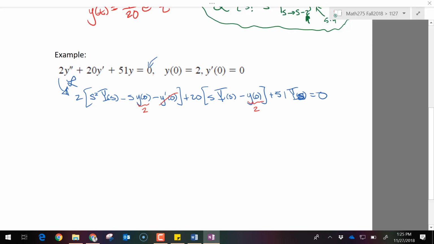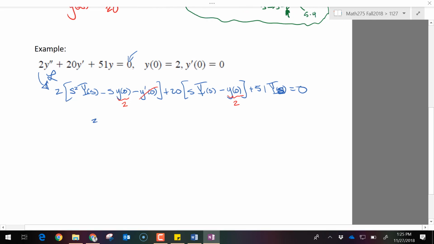Stay calm. 2s squared Y of s minus 2s plus 20 s Y of s minus 2. Y prime of 0 went away.